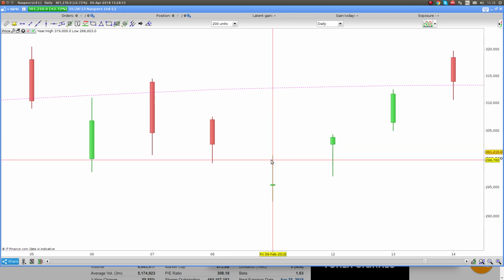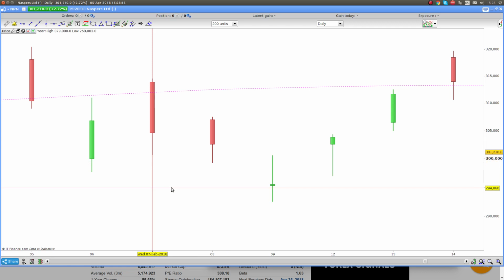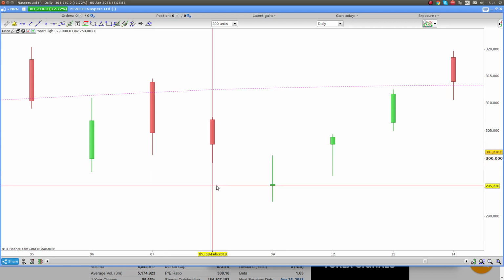So if we look at this candle here, you can see we opened up pretty much there. I'm going to move my mouse on there because it highlights it. So just follow the horizontal red line. We opened there and we closed there.